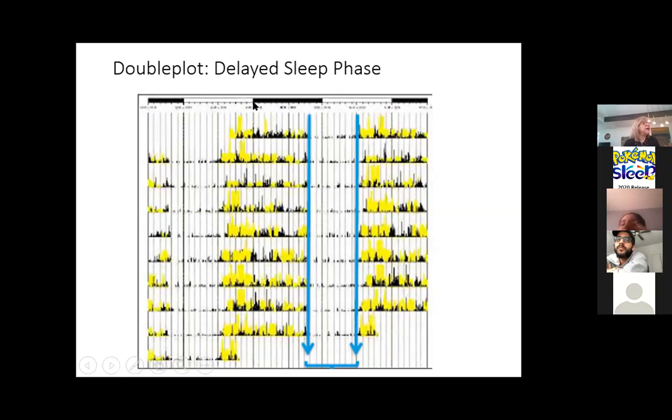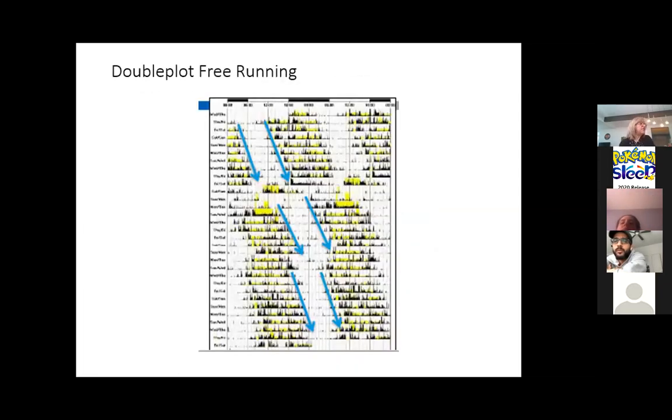See this day, night, day, night. So here is somebody kind of sleeping mostly during the day. That could be another clue. And that's really shifted. Okay? That might be a way to figure it out. And this is how free running looks. And that's why people like double plots. And I swear this has shown up on board exams multiple times.